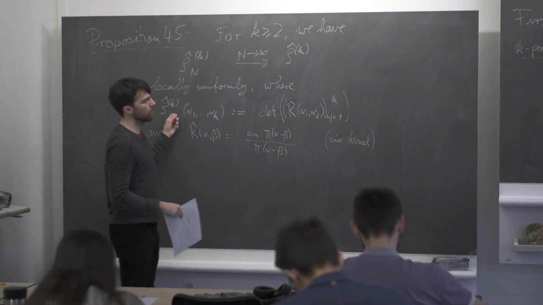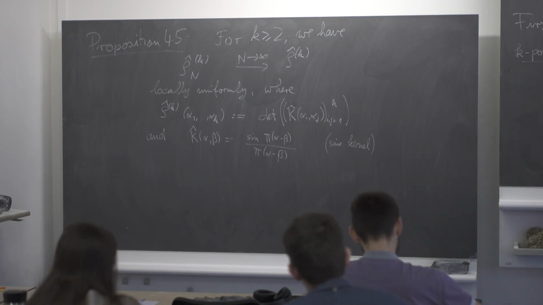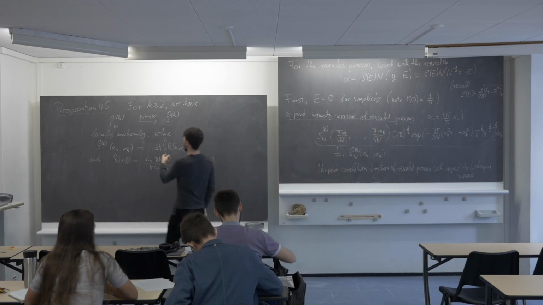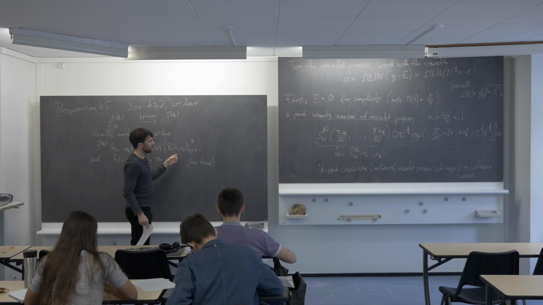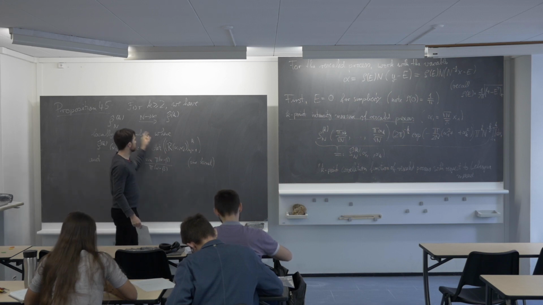And maybe if you remember what we saw last semester, I will recall it after the break. We saw that this rho n k also has a similar structure. They're also determinants of some kernel, which is of course then n-dependent, and this limit reflects this.